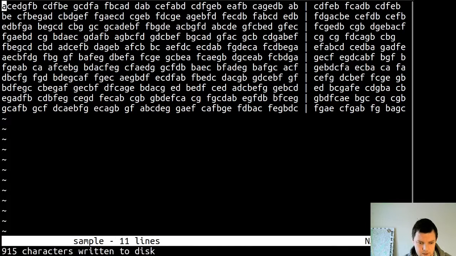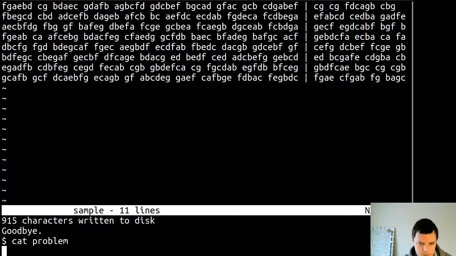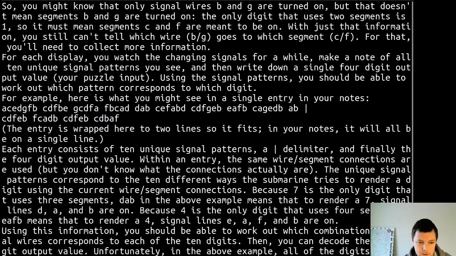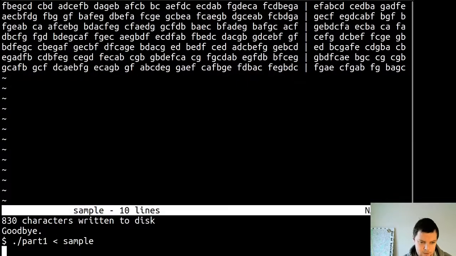Okay, that looks good. So there's 11 lines of sample input there. Did the problem statement say that the first one of those actually was part of the sample input? No. What does it say?